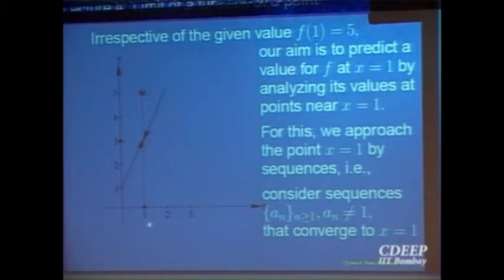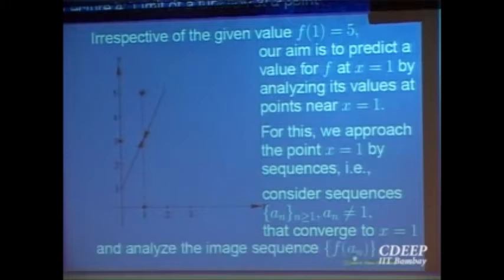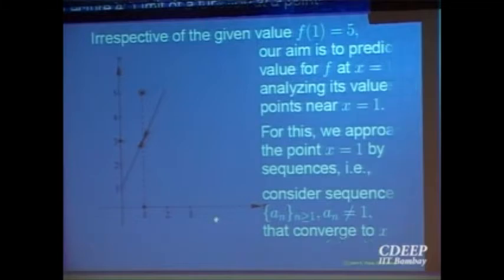Of course an is not going to be equal to 1, because at the point 1 we are going to predict a value. So take sequences an, say that an is not equal to 1 and an converges to the value 1. And then what do we do? Look at the value f of an, that gives you a sequence, an image sequence, and analyze that sequence. What happens to that sequence? So let us analyze that and see what happens.